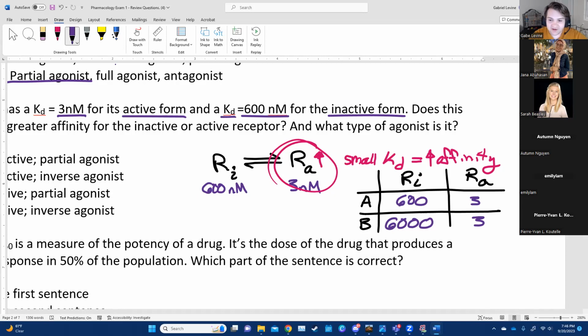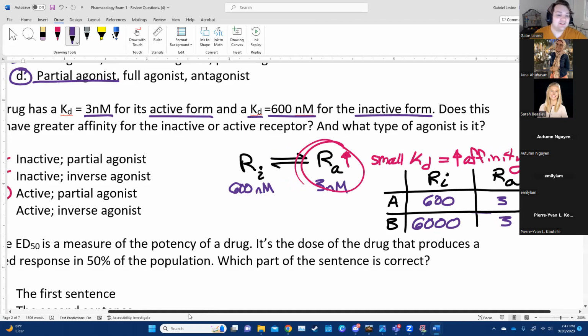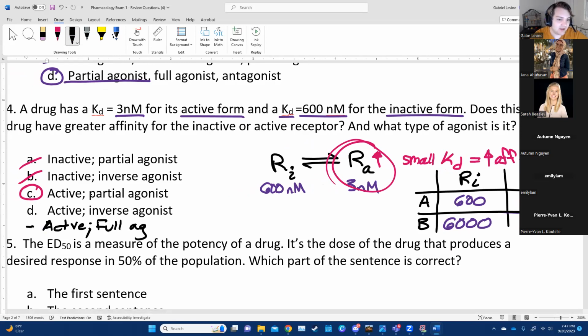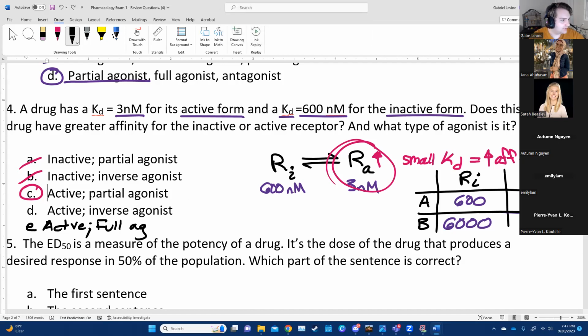The problem here is that when you just have one drug to compare, we don't know. It's ambiguous if it's full or partial. So if there was another answer here that said active full agonist, I think this would be a better answer. But because it only lists a partial agonist, I would go with C. It's the best possible answer.